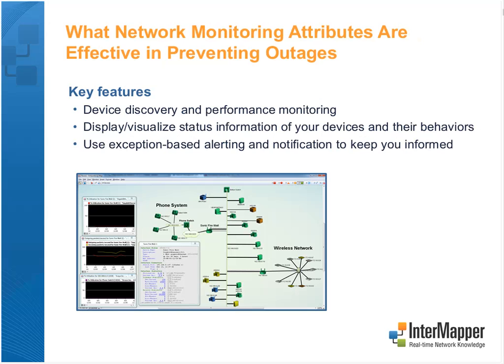So what network monitoring attributes are effective in preventing outages? Device discovery and performance monitoring. Again, the ability to discover devices on your network, going out there and doing that auto discovery, that scan, that tells you exactly what's running on your network, to have an understanding of all the devices, whether good or bad, how they're functioning, how they're behaving, and then monitoring their performance, monitoring the traffic on your core switches, monitoring the traffic on your routers, making sure that your bandwidth utilization is at a point where it's not being overtaxed, seeing who's using the bandwidth.